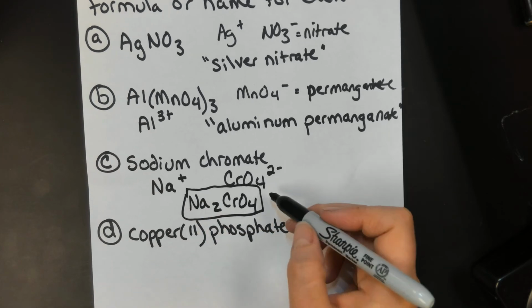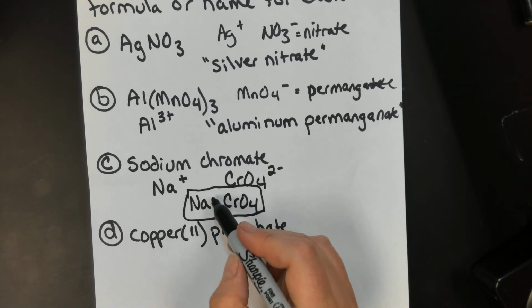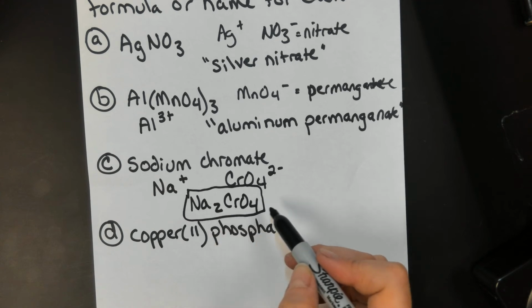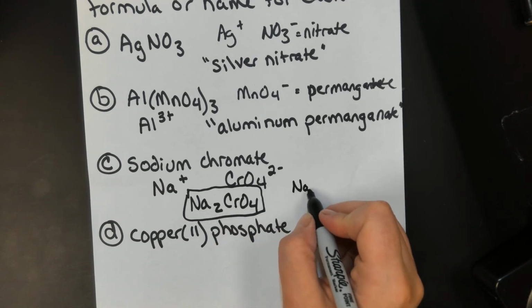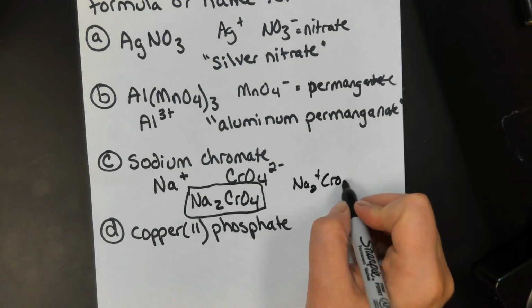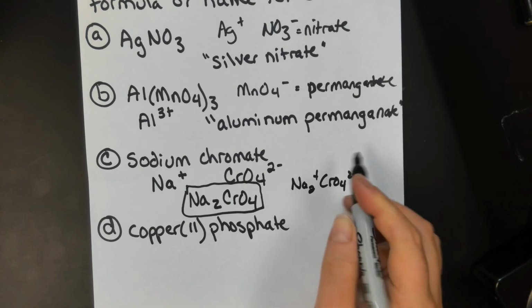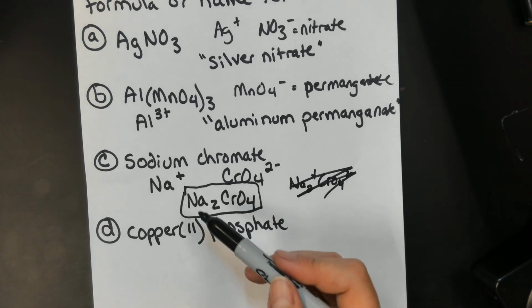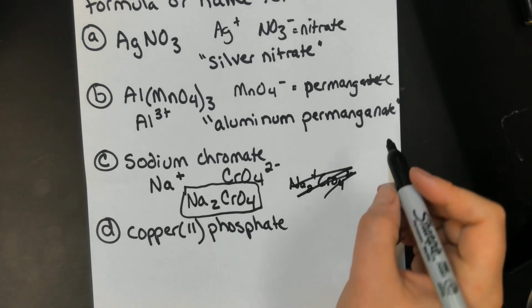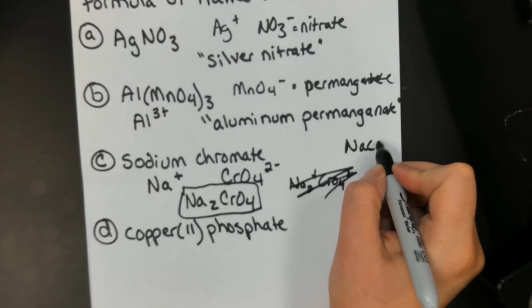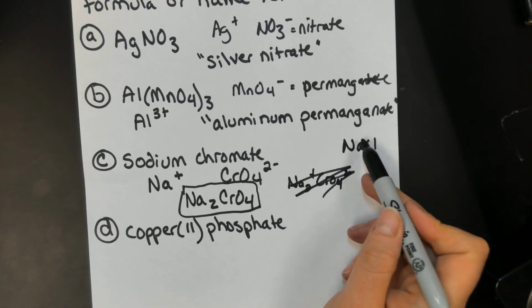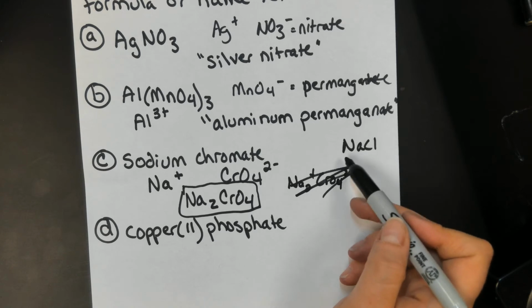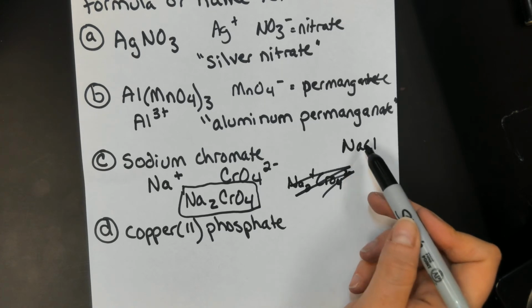Now, things to note here. You do not have charges after you write the formula. So don't write Na2 plus CrO4 2-. Nope, no good, because once it's in a formula, you don't have that. Always go back to something you know. You know NaCl. Do you see charges in sodium chloride, table salt? No, because it's a balanced compound that no longer needs charges written in it.